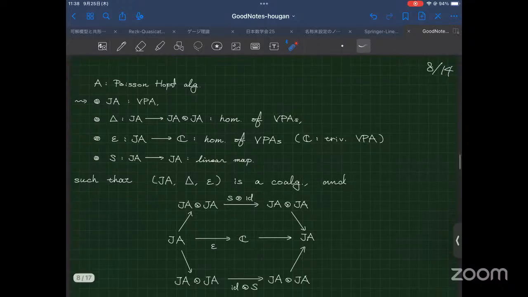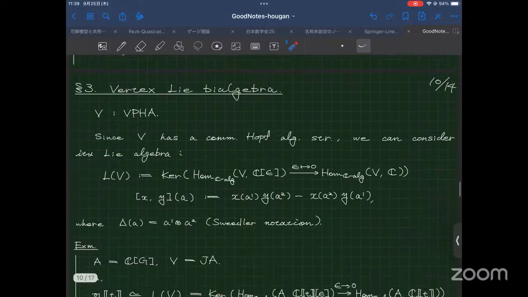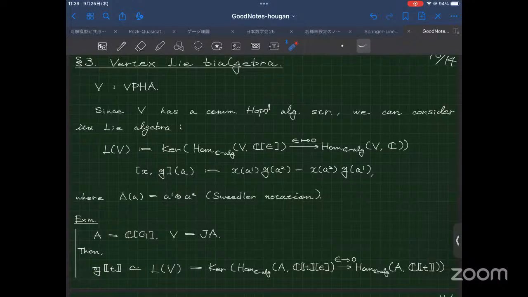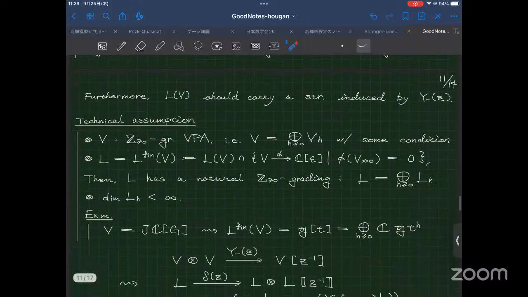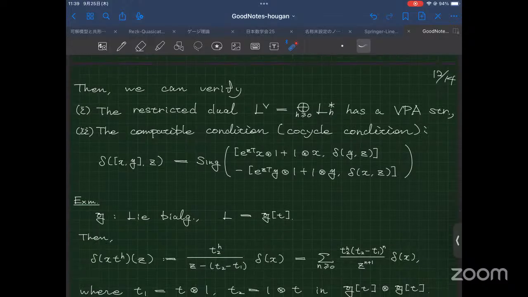Then we get a vertex Poisson Hopf algebra as an algebraic group. So what is the tangent algebra? This is my motivation.